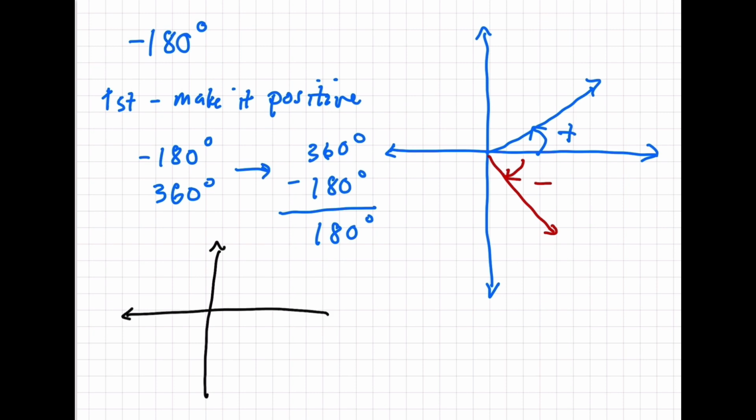You have the Cartesian plane, and let's use a different color to show negative 180. Again, for a negative angle, you turn clockwise from the positive x-axis. This is the x-axis, this is the y-axis. We all know that this is the positive side and this is the negative side. So we will start here in this Cartesian plane from the positive x-axis going clockwise since it's a negative angle. So to show negative 180, it's like this.